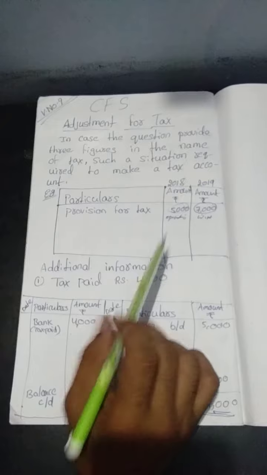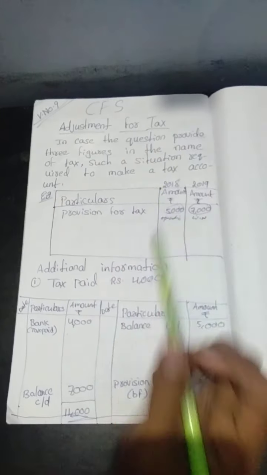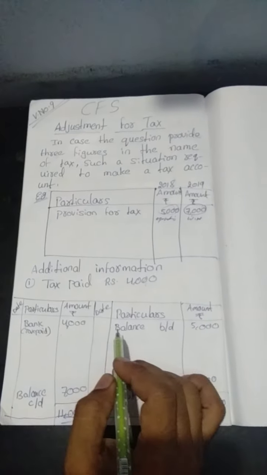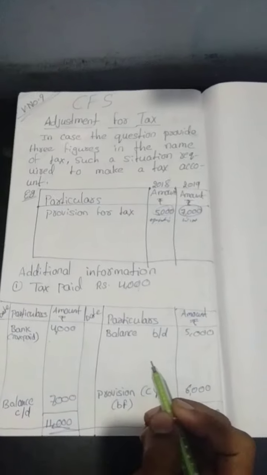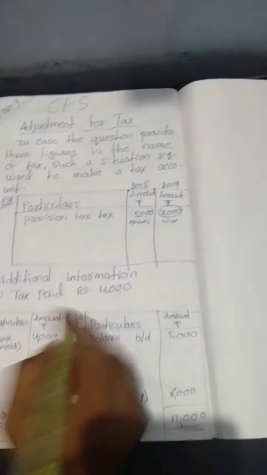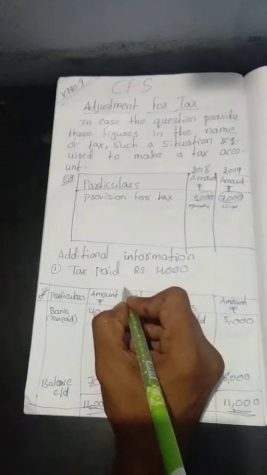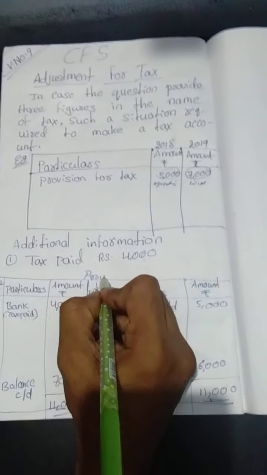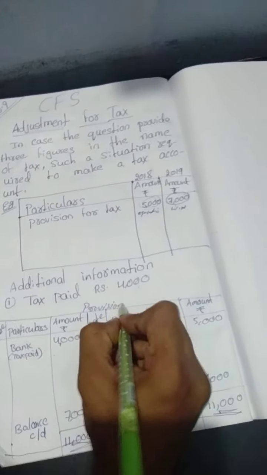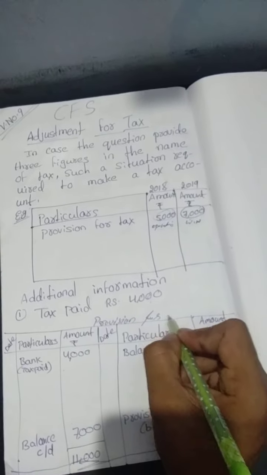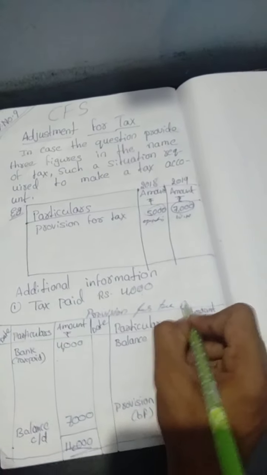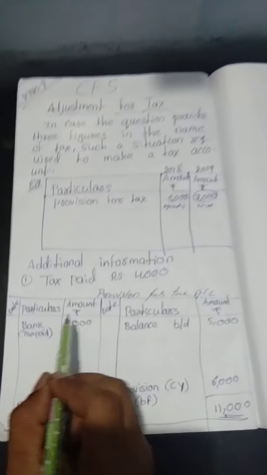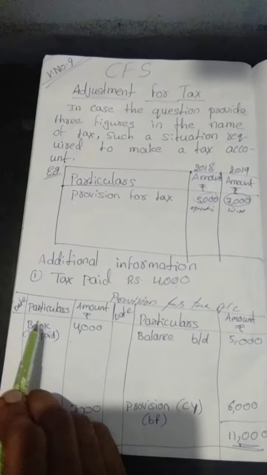In this situation, we have to make a ledger account for tax, the provision for tax account, a normal ledger account.